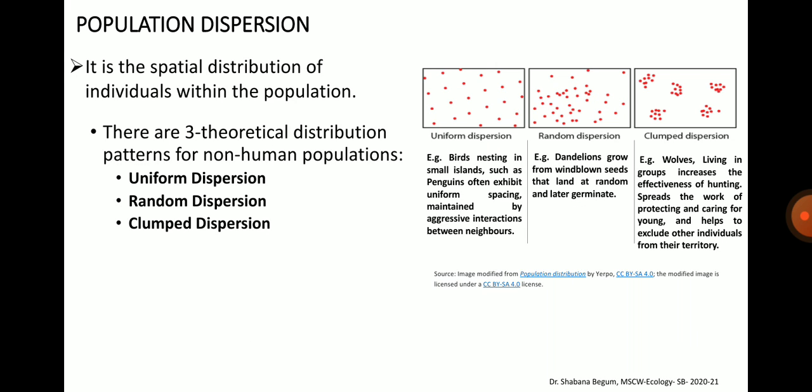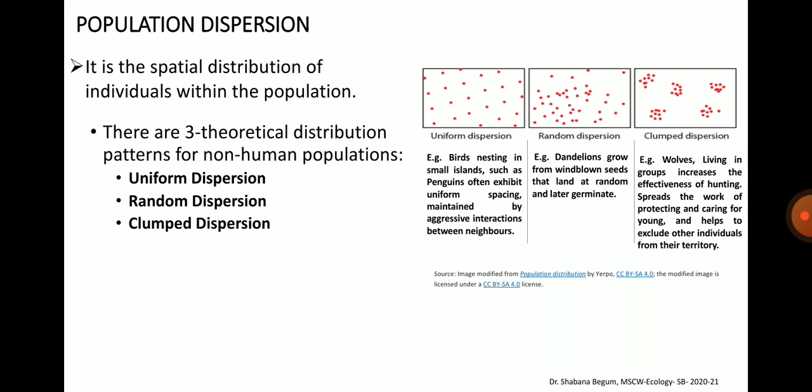The next attribute is population dispersion, which is also very important. The word meaning of dispersion is distribution. So here it is the spatial distribution of individuals within the population. The spatial pattern of individuals in a population relative to one another is called dispersion.